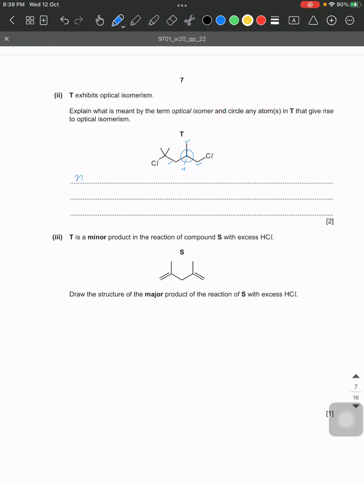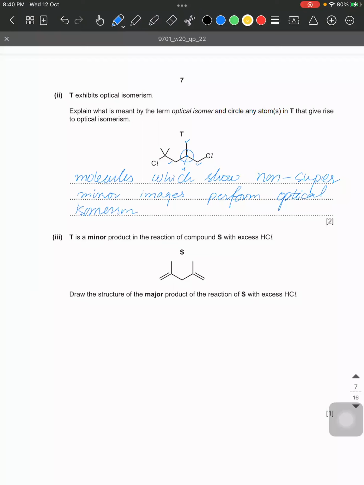So you can say that molecules which show non-superimposable mirror images show optical isomerism.